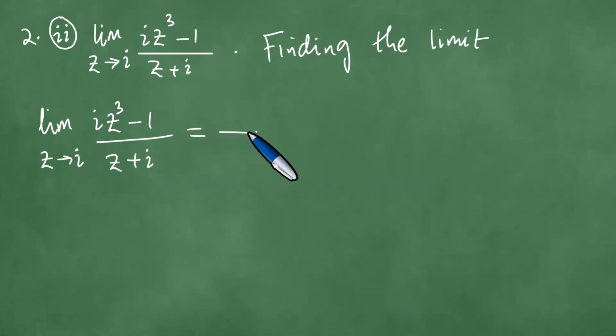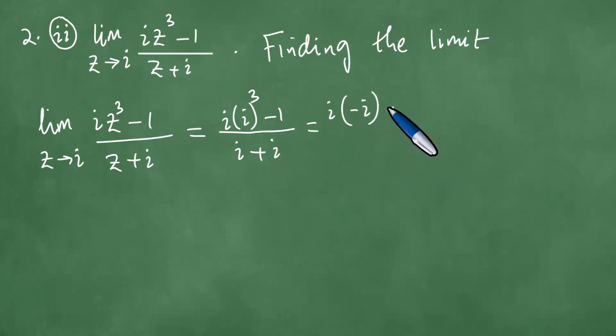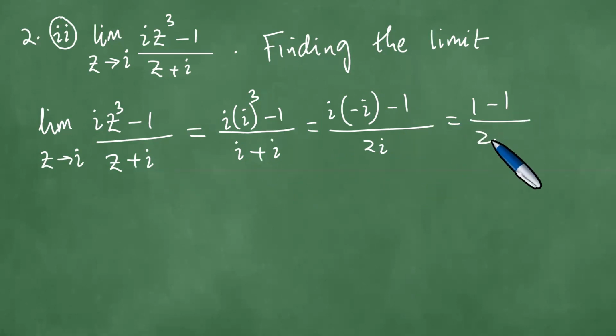All right, now look at these carefully. Take the limit here, z approaches that. You cube this. So if you cube this, it is minus i. Okay, in which case it's 1 minus 1, which is 0 over 2i. And this is 0.